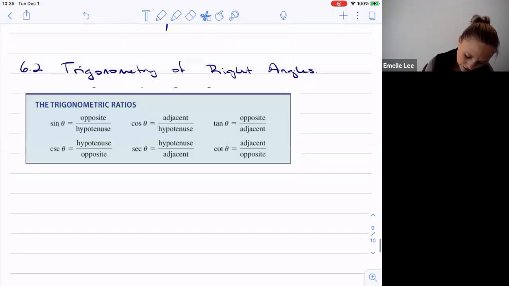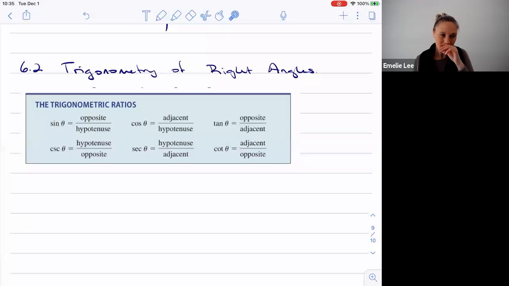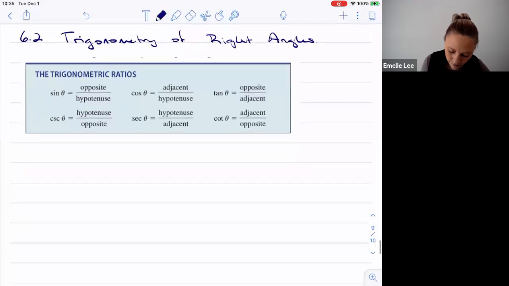So here, this is the same: sine, cosecant, cosine, secant. Notice that cosecant is just 1 over sine, so they've been flipped. Recall from high school, probably.